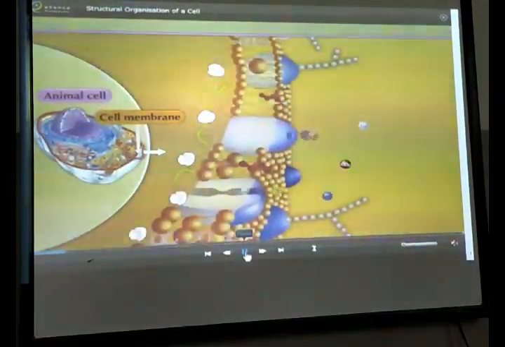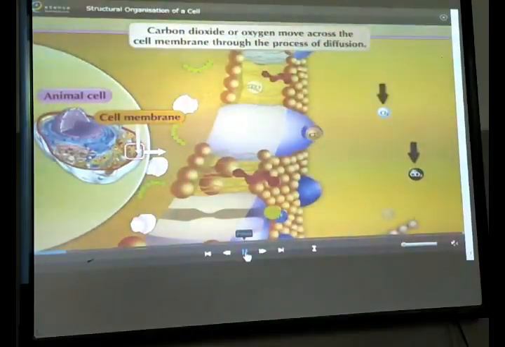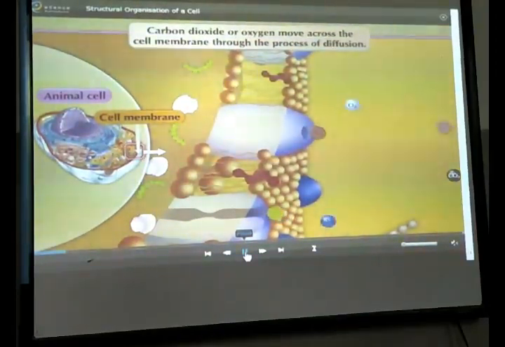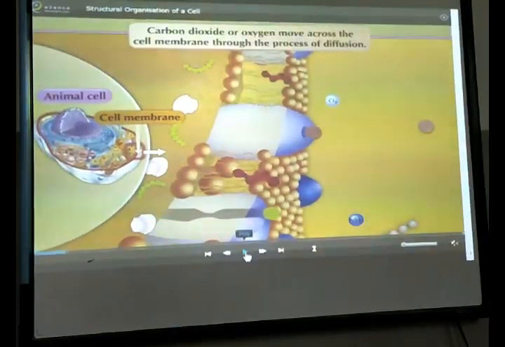Moreover, if you pay attention fully and try to understand with the help of the screen, see, carbon dioxide or oxygen in gaseous form moves across the cell membrane through the pores by diffusion.